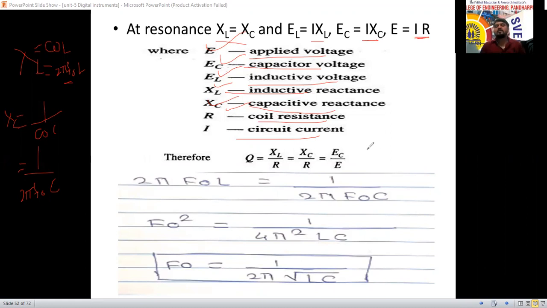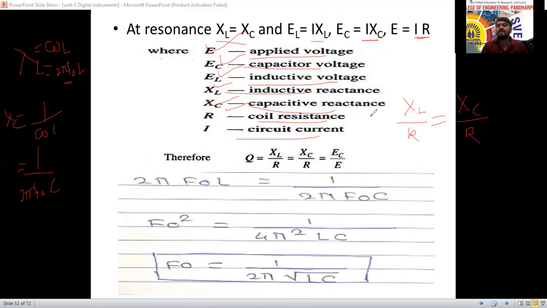So we know that the Q factor is the ratio of reactance to resistance. So I will write XL by R, and the two reactances are there, XL by R equal to XC by R. Both formulas are the same here.